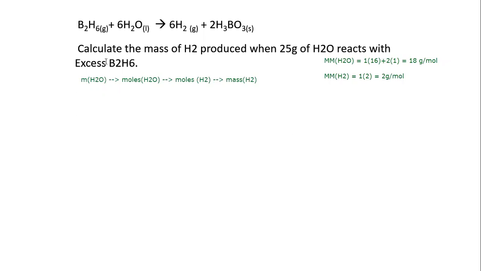So again, I'll do this one in different steps so you can see each part. So we're going to start by converting the mass of water into moles.